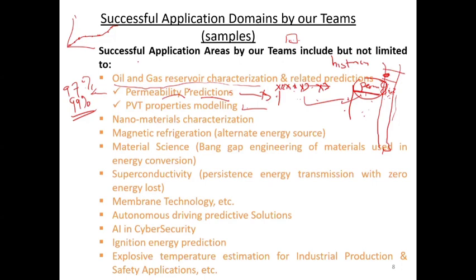Because we started with simple things like neural network, then gradually we moved to support vector machine. Because of the nature of the data in that area, they are usually very noisy data, so we graduated to type 1 fuzzy logic, then later to type 2 fuzzy logic, and then finally we hybridized type 2 with extreme learning machine.